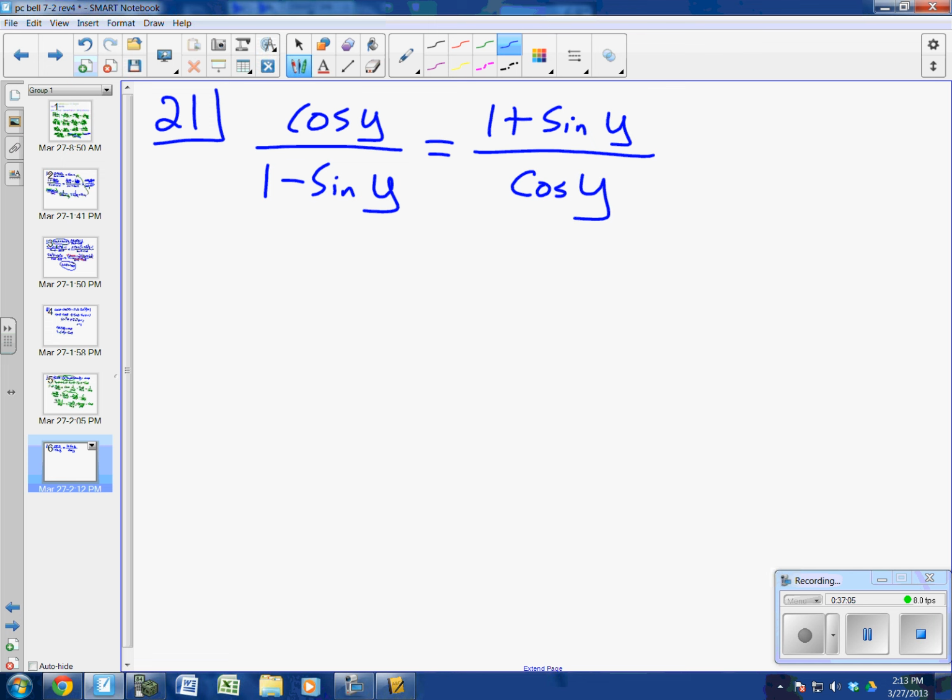Which side looks more complicated? They look about the same complicated, so it probably doesn't matter. This one is the one where you'd use the conjugate. Connor, do you need to come up here today? All right. I'm going to start with the left side.